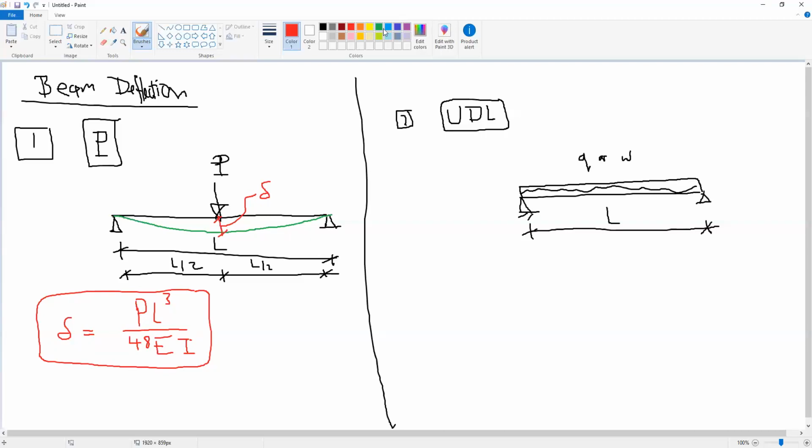For the uniform distributed load case, the maximum deflection will also be at the mid span, called delta, and we can find delta using the formula delta equals 5 multiplied by W L to the power 4 divided by 384 EI.